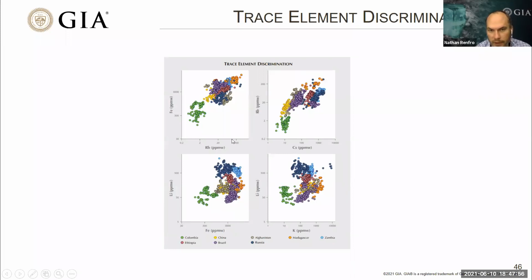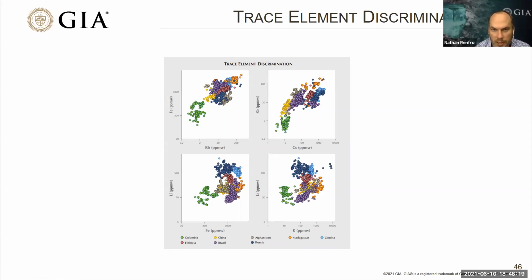If our unknown sample falls squarely into these green dots, that would tell us that we have a Colombian stone. Or if our unknown sample was to fall in these dark blue dots, that would mean that we have a Russian stone. So that's how we use the trace element chemistry to help make an origin determination.